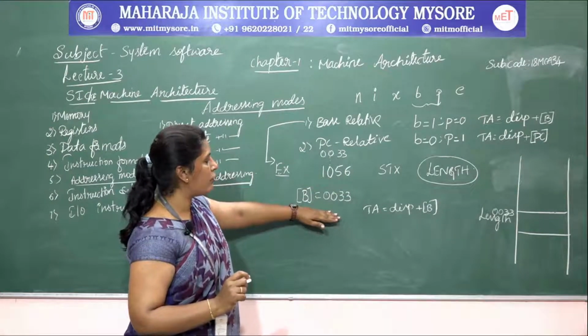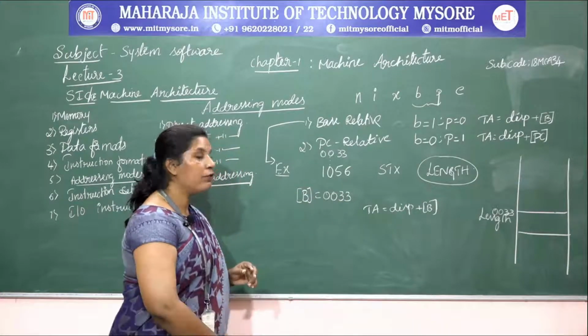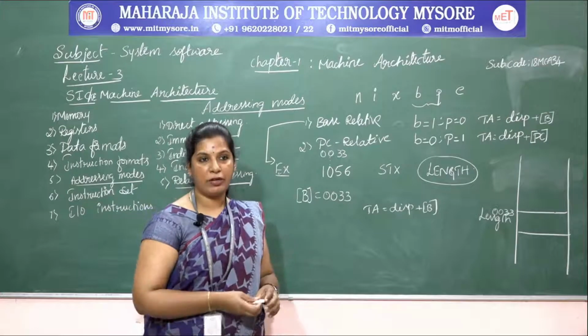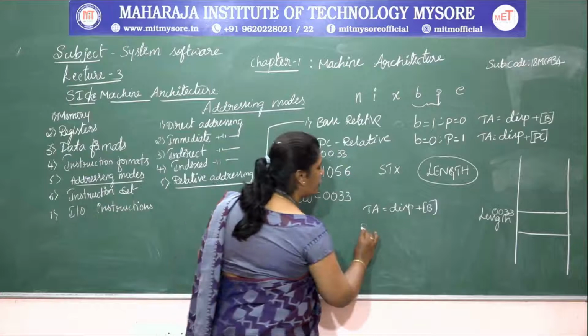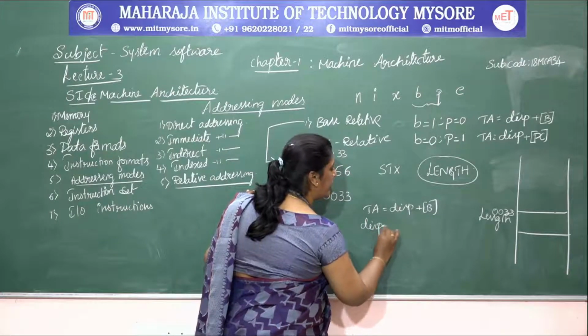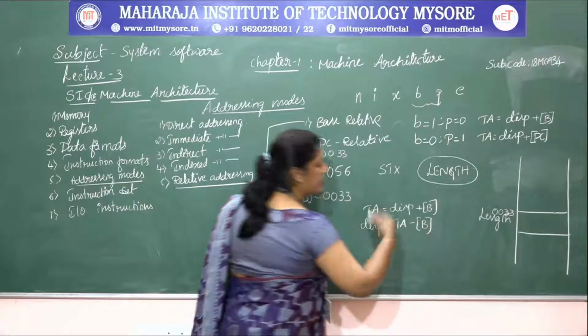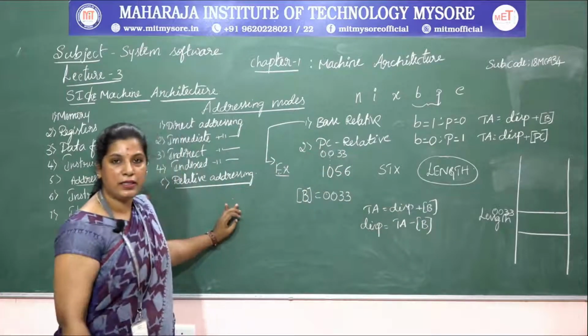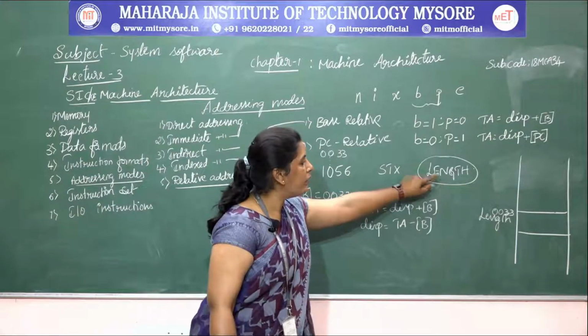We know the base register value. What is the base register value? It is 0033. So we should find out the displacement value. To get the displacement value, we need target address minus the content of the base register. What is the target address? The length. Where is the length?